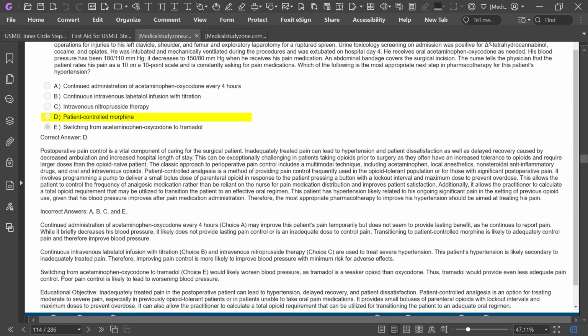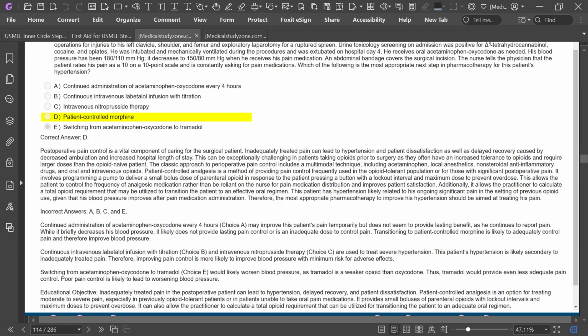Postoperative pain control is a vital component of caring for the surgical patient. Inadequately treated pain can lead to hypertension and patient dissatisfaction as well as delayed recovery caused by decreased ambulation and increased hospital length of stay.